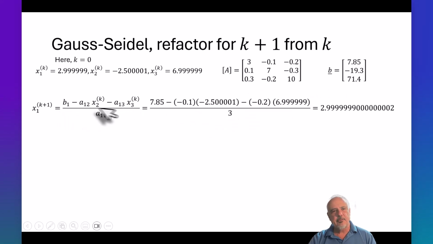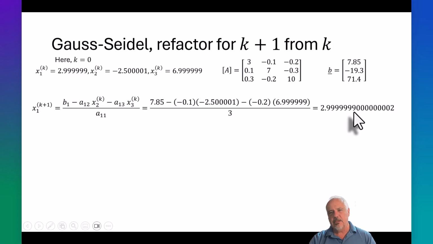The B1 is 7.85. A12 is minus 0.1. And then I bring in my x2 of the kth iteration, which is minus 2.50000, whatever, 1. And then I'm subtracting A13, which is minus 0.2, beg your pardon, times x3, which is 6.999999.